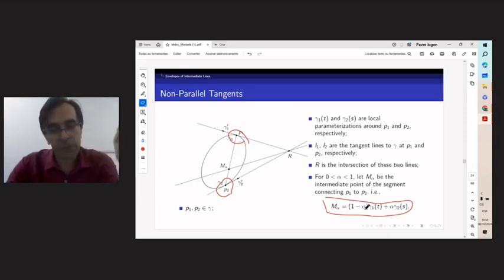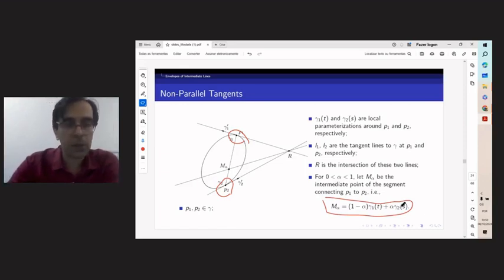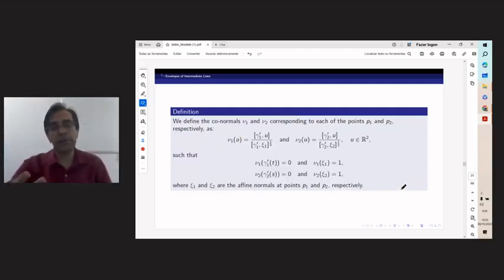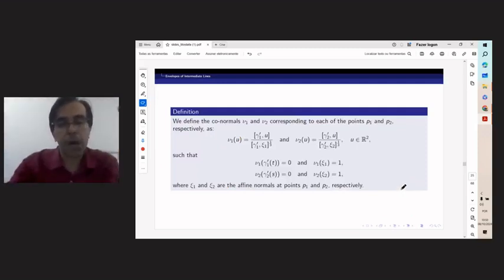Well, when alpha is 0, we are at P1. When alpha is 1, we are at P2. A very common and well-known concept that we use in the study of affine geometry is affine conormals, or conormals.